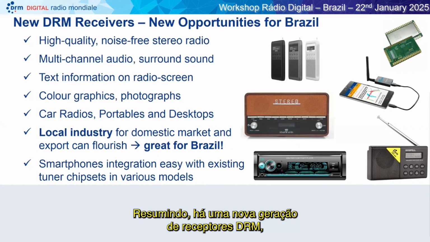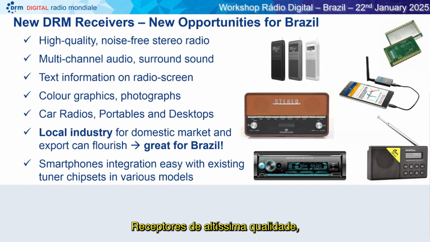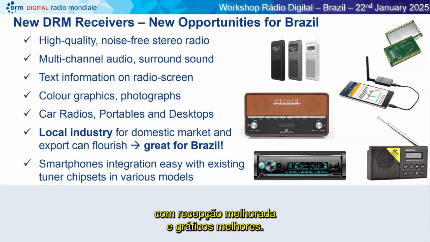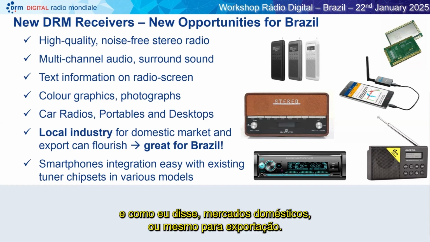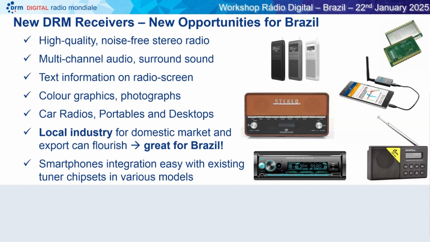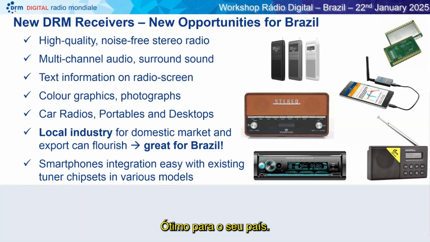In summary, there is a new generation of DRM receivers, a lot more powerful than what you might have seen some years back. Very high quality receivers, improved reception. We've got graphics. Also, you've got car radios now, and you've got portable radios and desktops. And as I said, for the domestic markets or even for export, there are modules that can be used by the local industry. Great for your country.